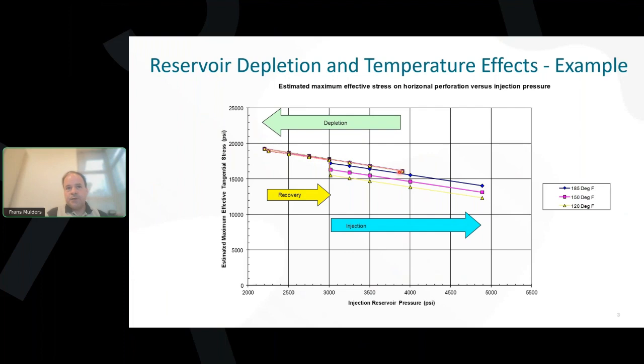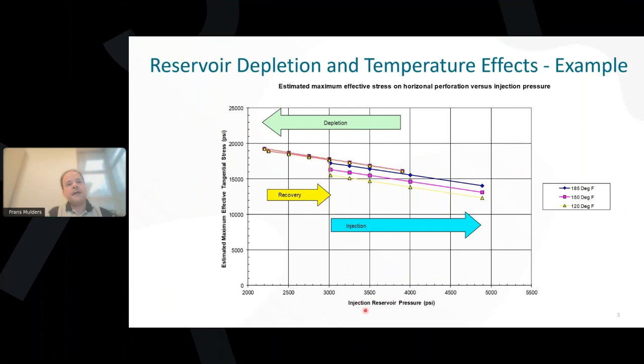There is an initial reservoir pressure of almost 4,000 psi. Then production has happened. Of course, the pore pressure reduces, the reservoir pressure reduces. So we move to the left. And after production has happened, actually nothing happened in the field. So slowly, because of aquifer influx and repressurization, there is a recovery phase where the pore pressure goes up again.